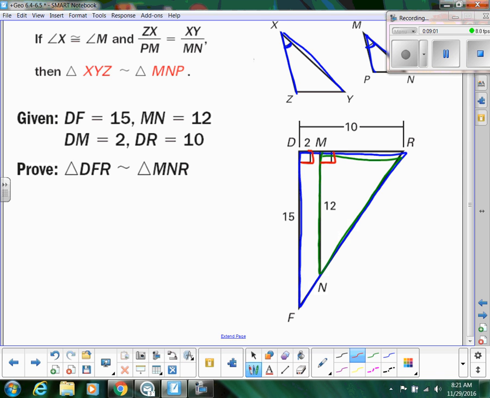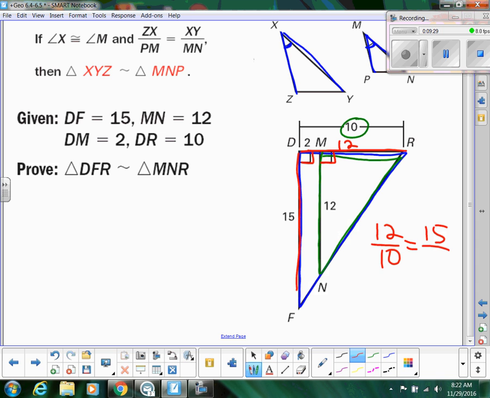So I have this one is, this whole side is 12, right? And then the smaller triangle is just 10. So I'm going to put 12 over 10. And we're going to see if that's the same as this other side. So I'm going to have 15 as the long side.